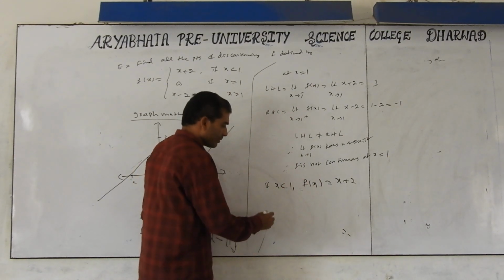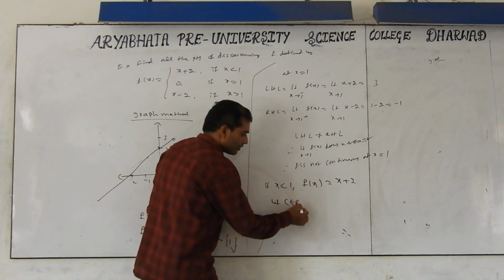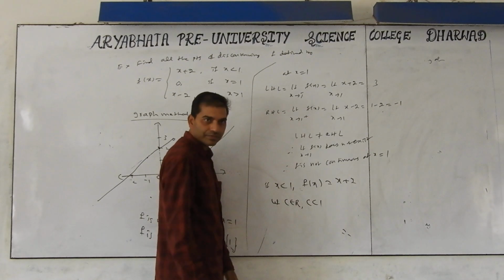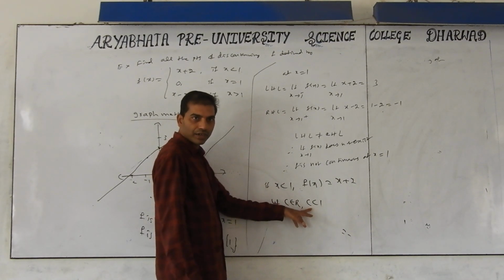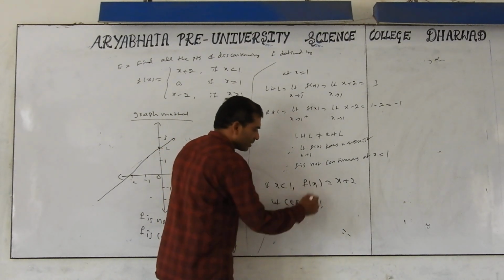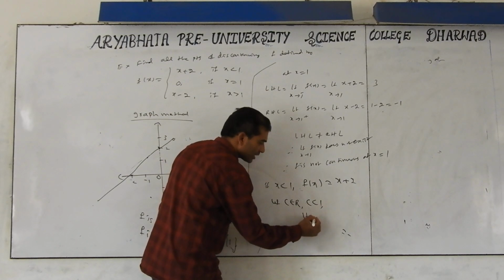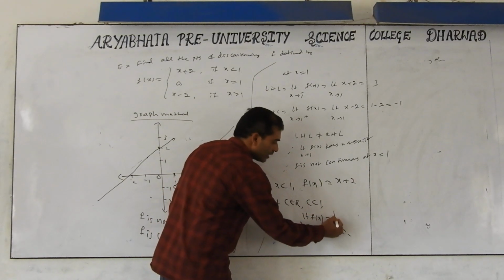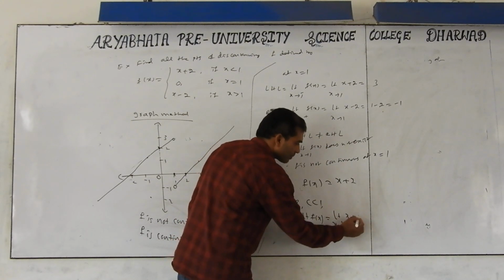Take one point here. Let C belong to R which is less than 1. C is a real number which is less than 1. At this point we are going to find the limit. Limit x tends to C of f of x is equal to x plus 2.